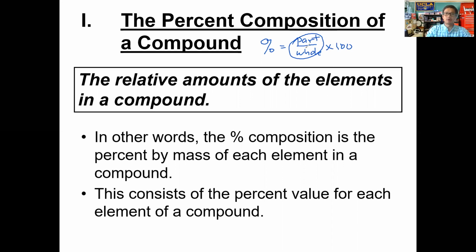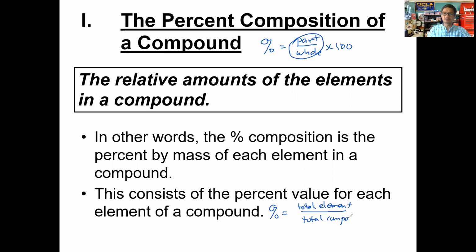And so the part of the whole here is going to be the amount of a particular element in the total compound itself, and we'll define that in just a moment. Okay, so the composition here, when we talk about this in terms of chemistry, this percentage is going to be the total amount of element over the total compound.